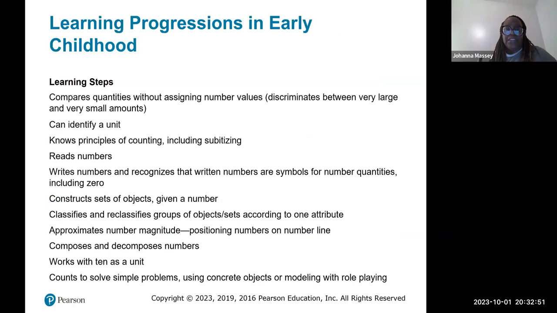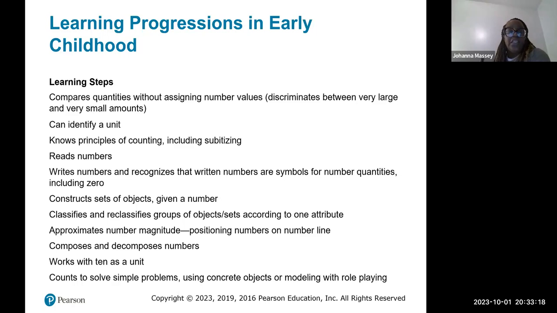All right. So from there, you have the counting progression that children go through, and I'm looking at this progression in early counting. These are the learning steps. Compare quantities without assigning number values. They can discriminate between very large and very small amounts. They can identify a unit.